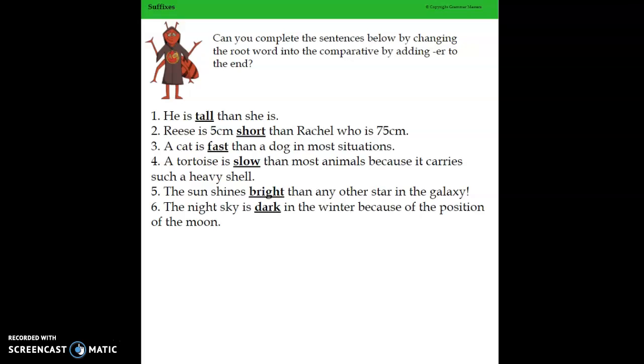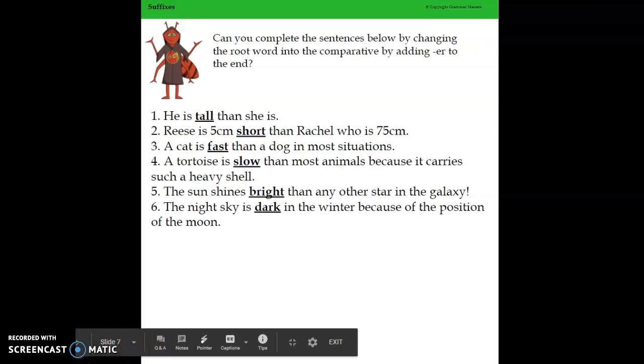The night sky is dark in the winter because of the position of the moon. You need to change the word dark. Okay, so have a go. Pause the video, have a go at writing those sentences by changing the underlined words by adding the suffix to compare either the people or the objects in those sentences.